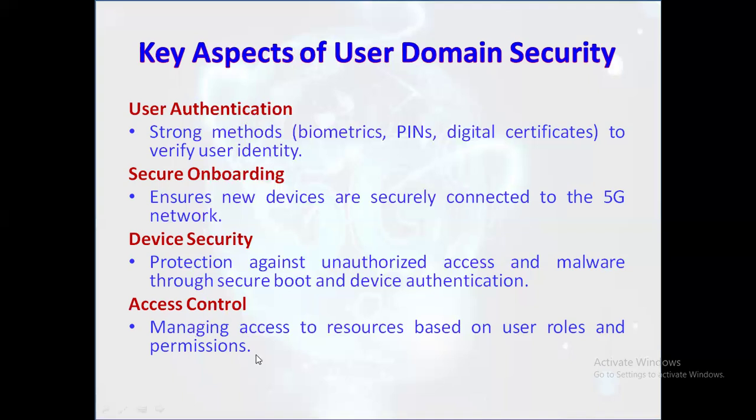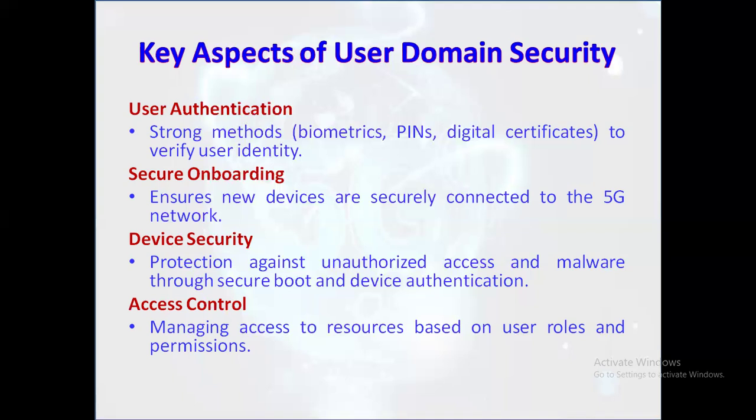Next, access control. Access control in a 5G network is about managing and controlling who can access specific resources and services. Access control policies are based on user roles and permissions, ensuring that users only have access to the resources and services for which they are authorized.